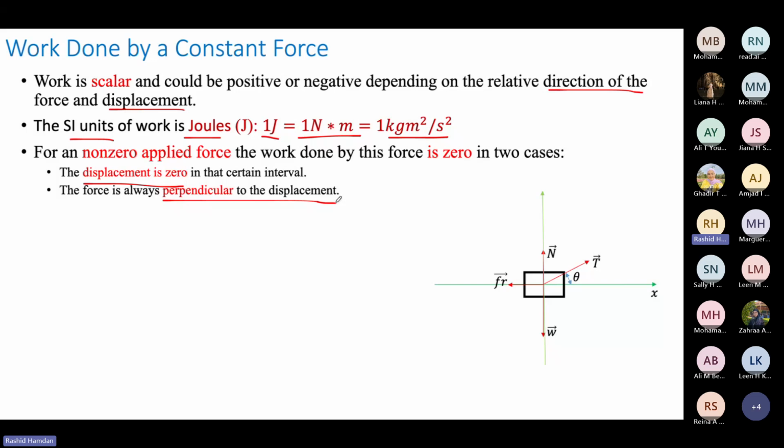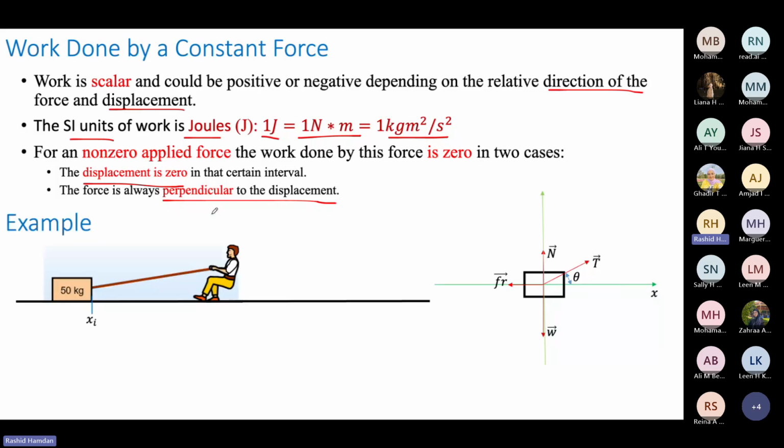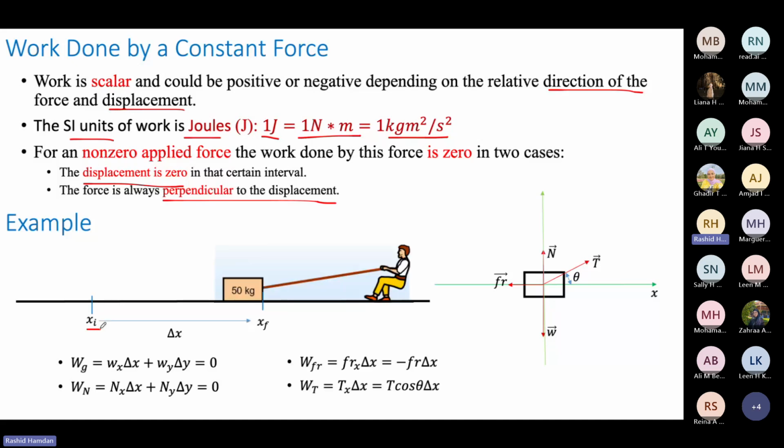Now, let's look at an example. Let's say we have this 50 kilogram box. We start at x initial, and we want to pull it to x final. We want to look at the forces acting on this box and see the work done by each of these forces.